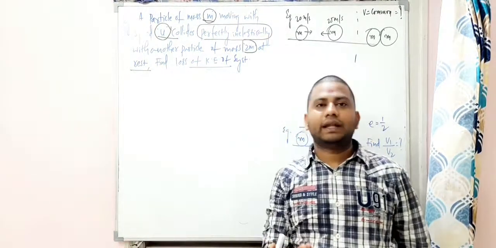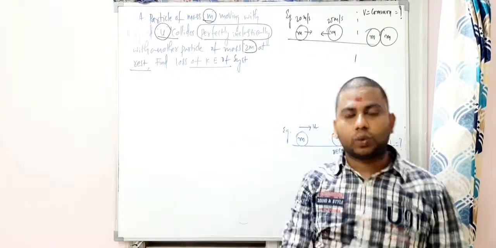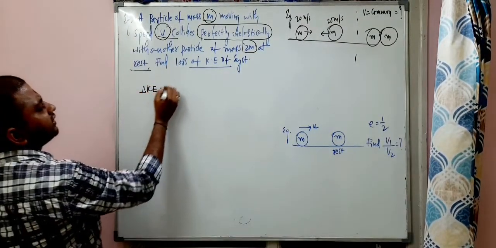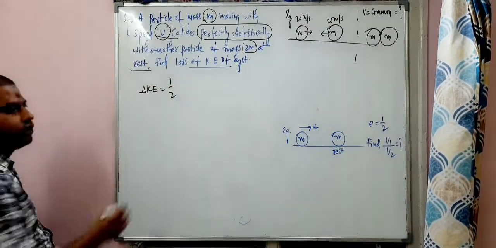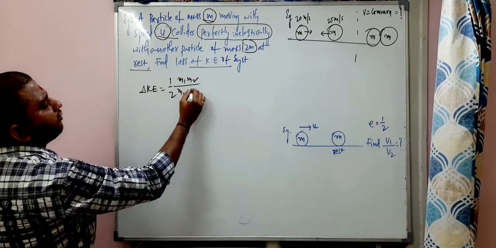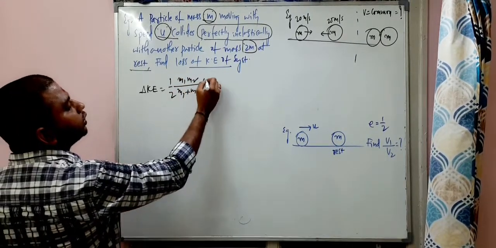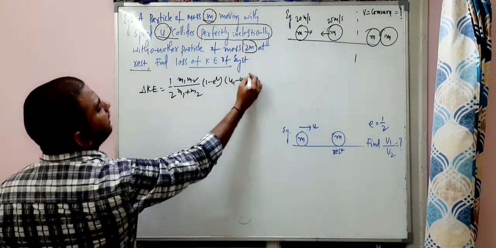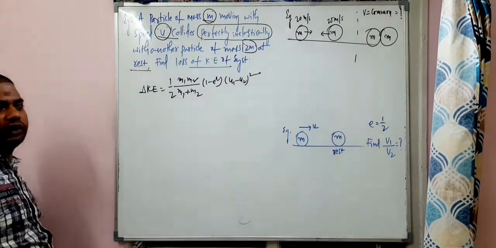Whether it is perfectly inelastic or semi-inelastic, the loss of kinetic energy is equal to half into m1 m2 by m1 plus m2 into 1 minus e square into u1 minus u2 whole square. That's the formula.